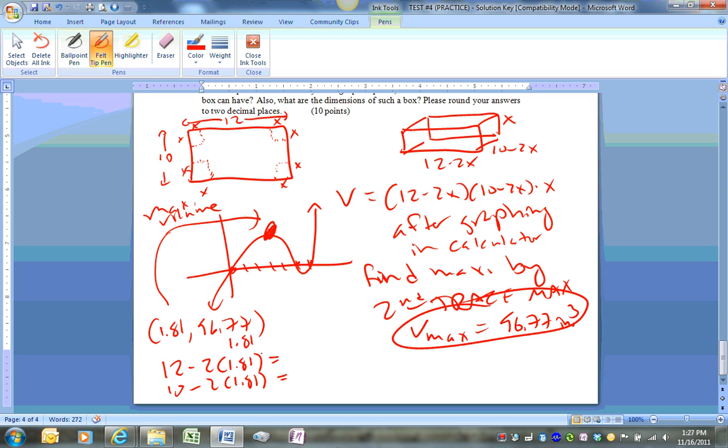So you get 8.38 and 6.38. So the dimensions are 8.38 inches by 6.38 inches by 1.81 inches.